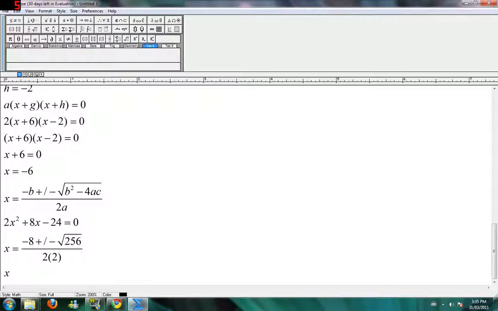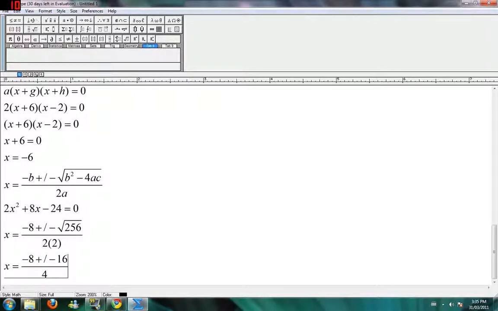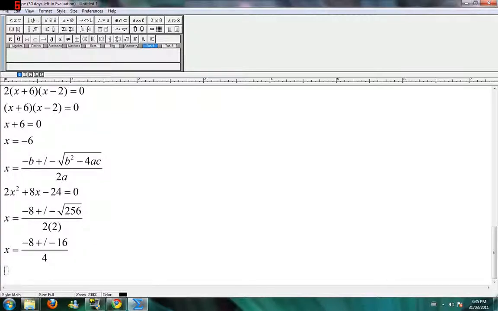So now we have x is equal to negative 8 plus or minus the square root of 256, which you plug into your calculator, and you'll get 16. And all that is divided by 4. Since both 8 and 16 are divisible by 4, you can simplify that into negative 2 plus or minus 4.